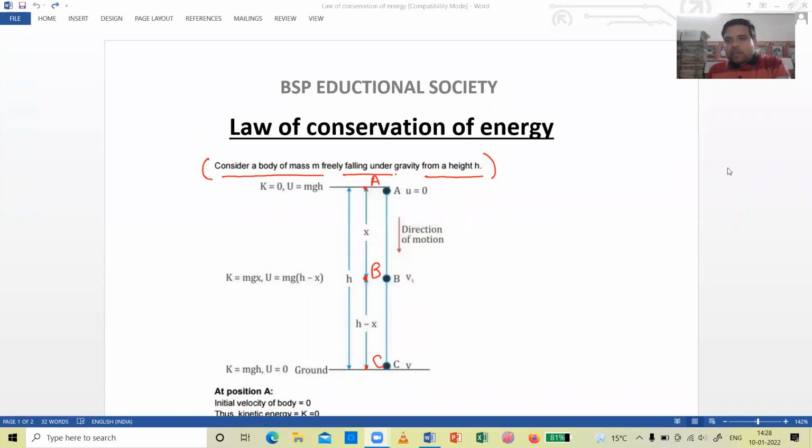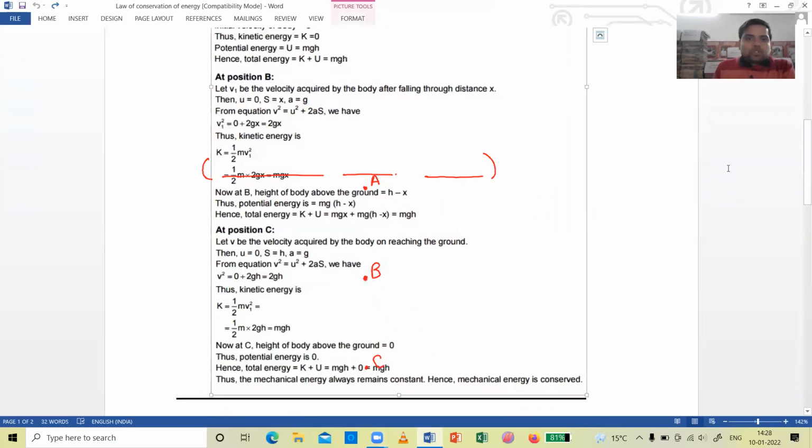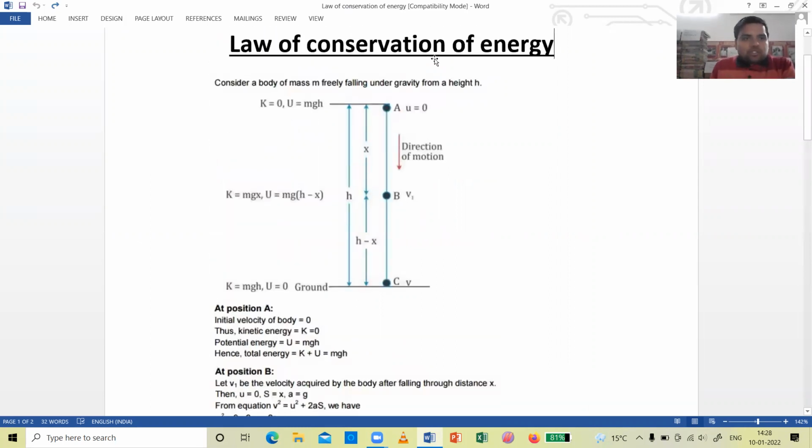At position A, the initial velocity of the body is equal to 0. So if velocity is 0, the kinetic energy will also be equal to 0.